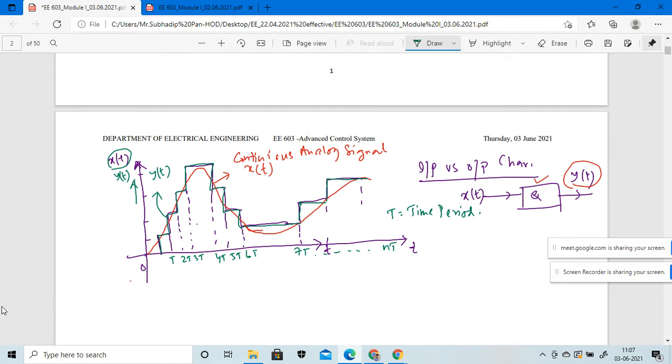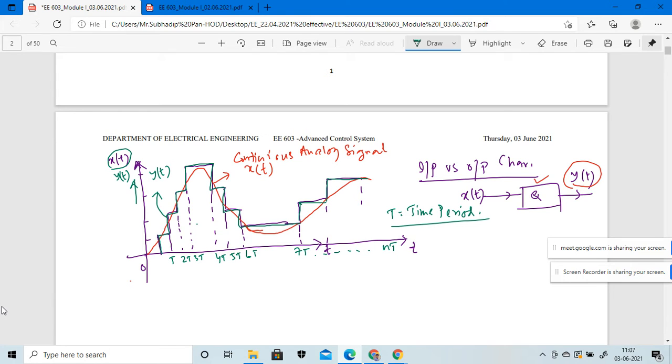So we have an input signal to the system, which is a continuous analog signal, and we get a discrete output by having the quantizer block.